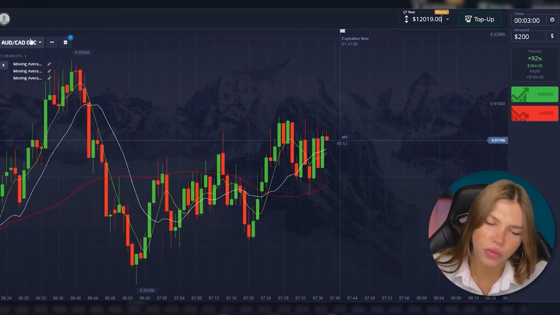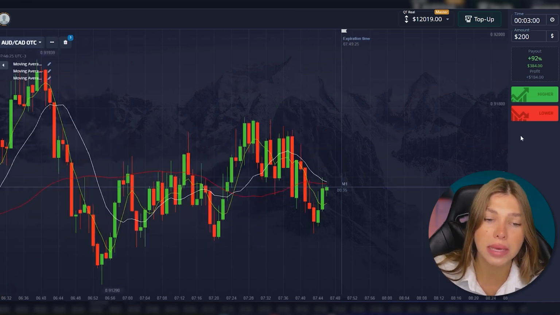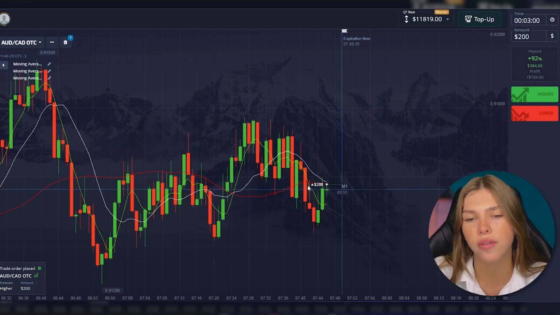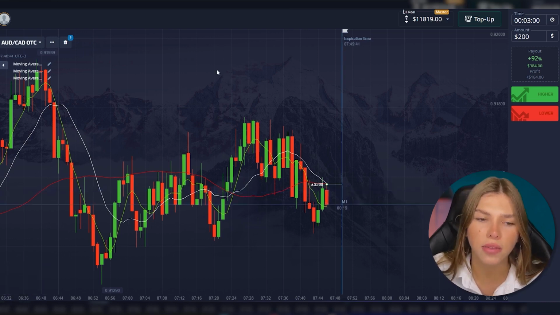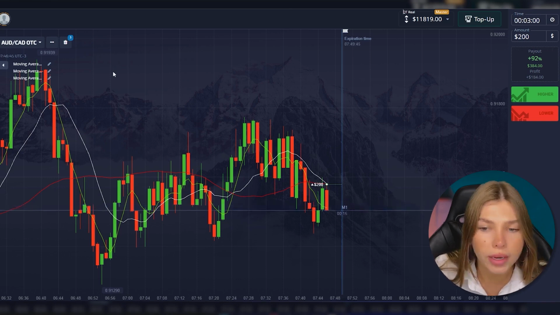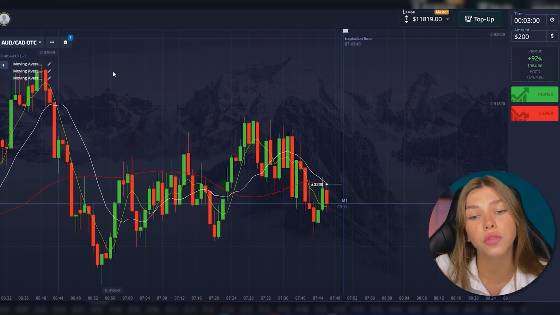So let's check out for more deals, because maybe there will be something else. Here we have the intersection of two average moving lines, namely green and red, and they both show that the movement will be down. We are opening a deal for a reduction, and after 2.5 minutes I will return with the profit.